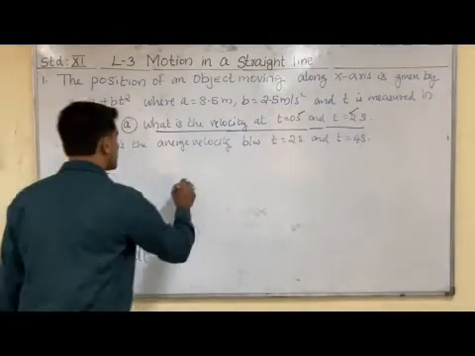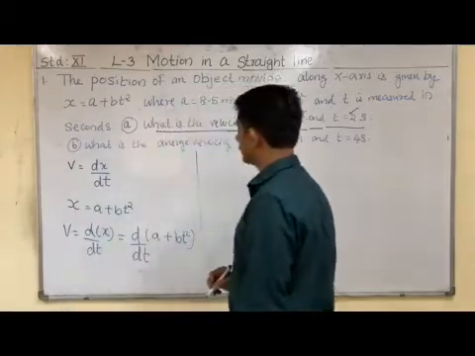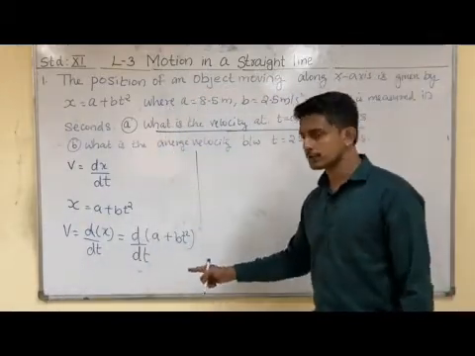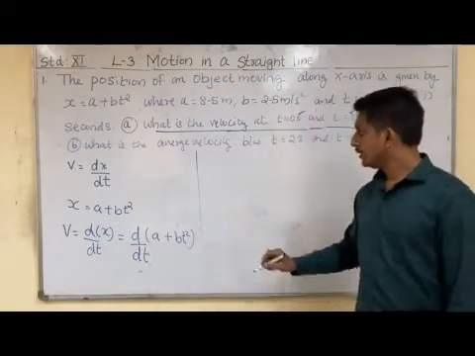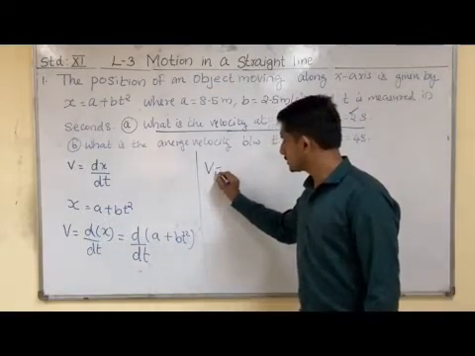Now how this process of differentiation is performed, that we are going to study first. d by dt of a plus bt square gives the instantaneous velocity.